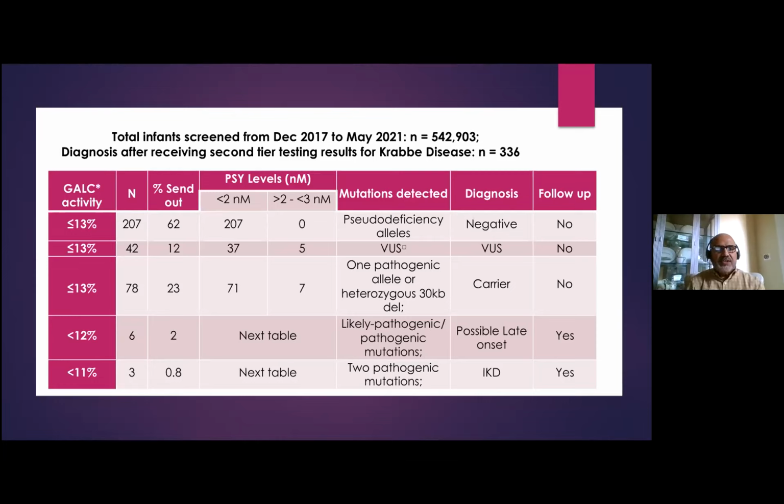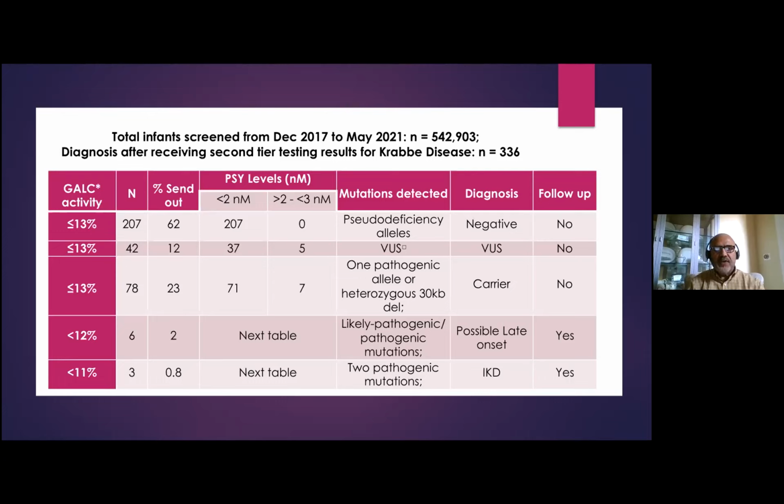Then there are 2 additional categories, which include specimens having either a VUS, one pathogenic allele, or a heterozygous 30 kilobase deletion. Here we had a few infants with psychosine greater than 2 nanomolar but less than 3 nanomolar.